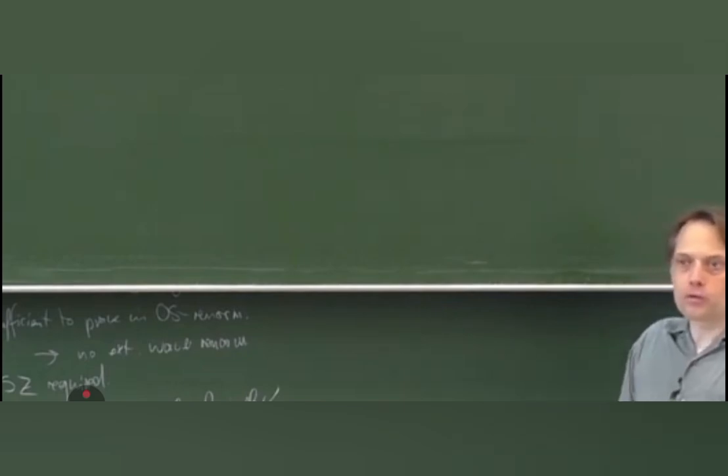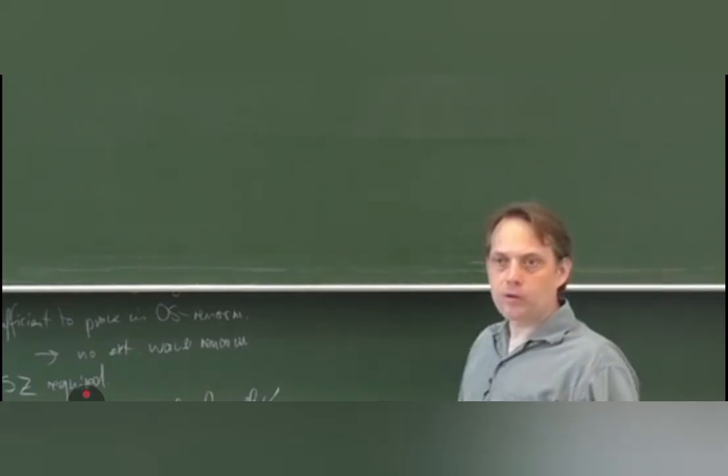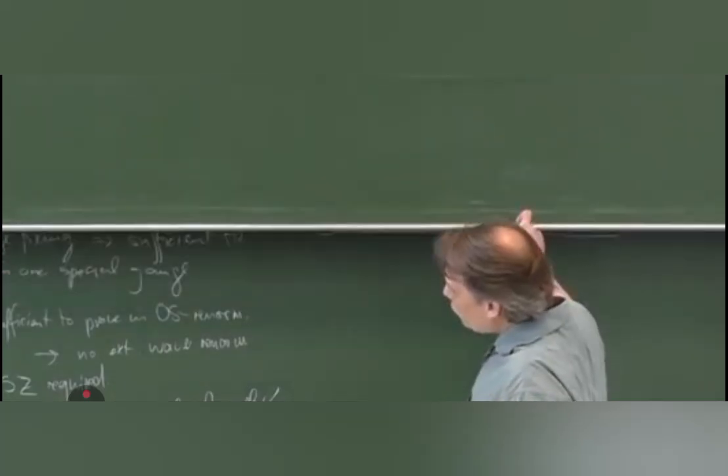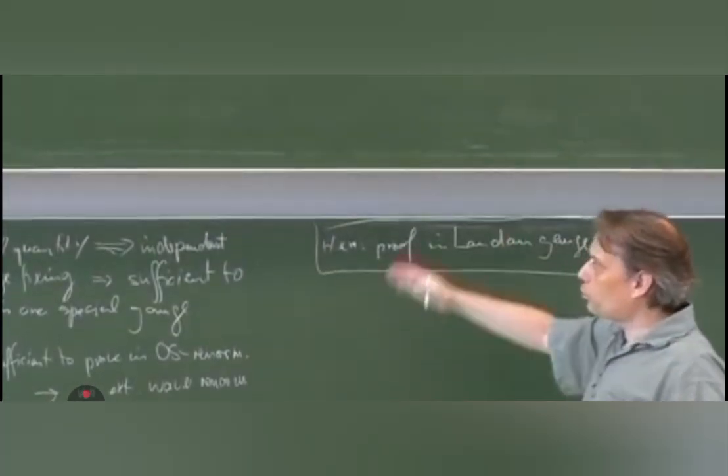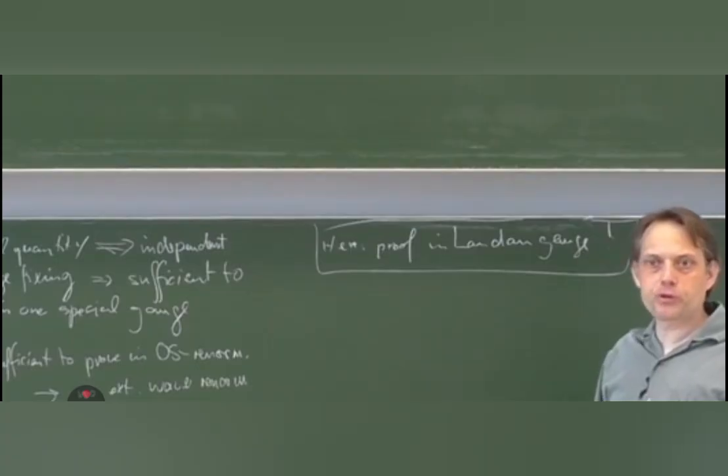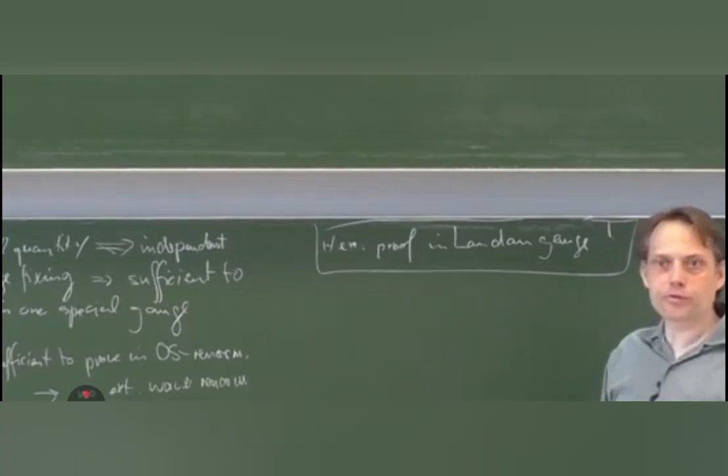And why not? I mean, that just means that you are able to simplify your calculation depending on what you want to achieve. And here it is actually not always necessary and useful to do general proofs in completely general gauges and make your life a hell.